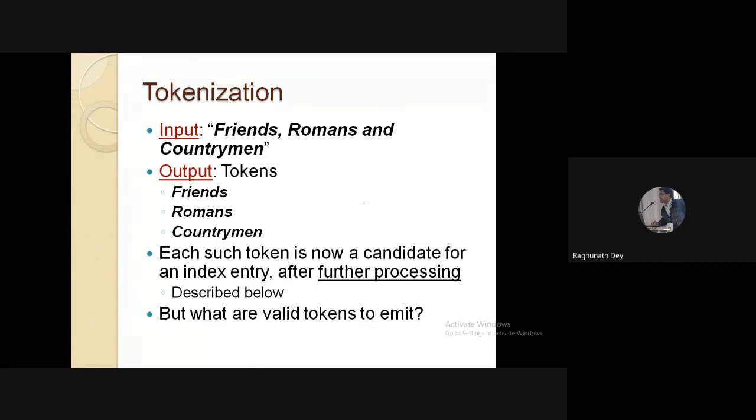So you can decompose that. The first term is friends, second term is Romans, and the third term is countrymen. This is the task of the tokenizer, making different tokens, words, terms. Whatever terms are there, just decompose that, without thinking of any other things.